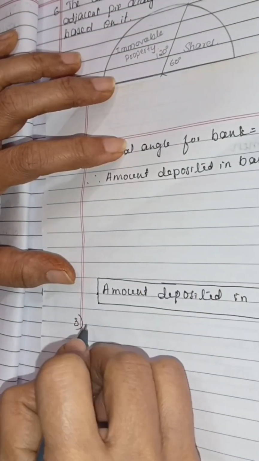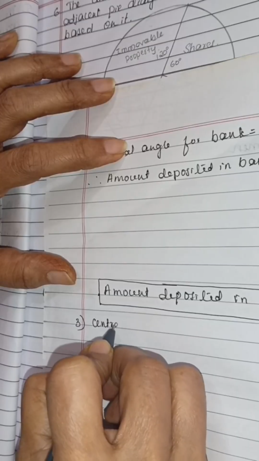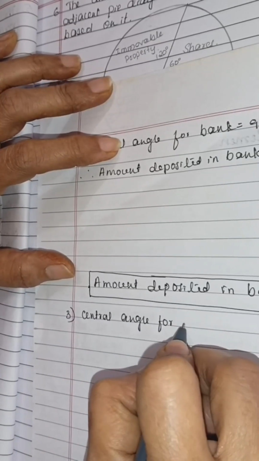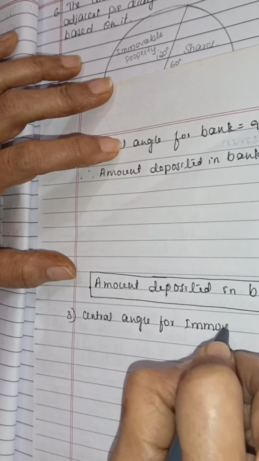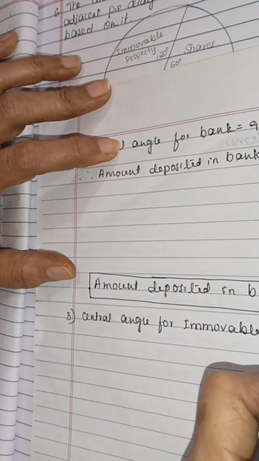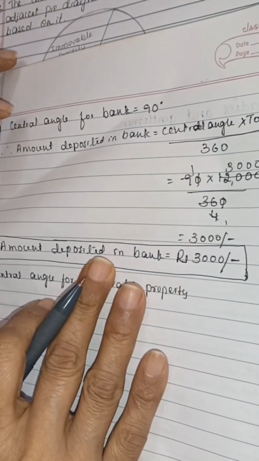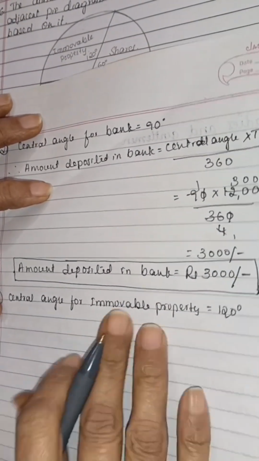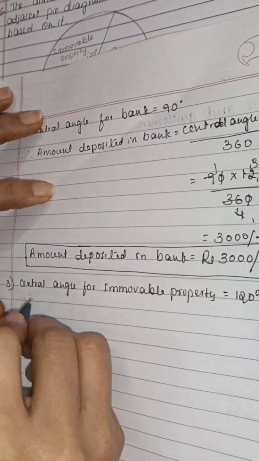So first let's find out immovable property. The central angle for immovable property is 120 degrees.